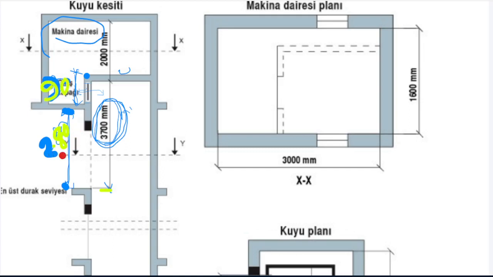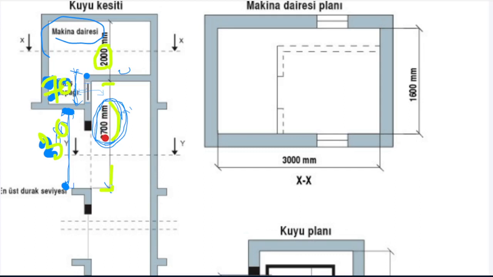So, or if it is 3 meter, this part should be how much? 70 centimeter, because this is written here from here to here 3.70. So if you consider this one 3.70, this one should be 2 meter, minimum 2 meter. I will check this information from you in your section next week.